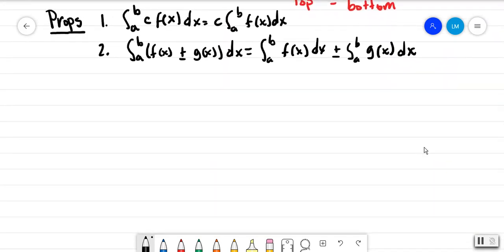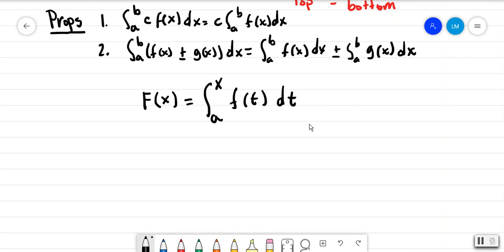Now, note that the fundamental theorem basically says that big F of x is equal to the integral from a to x of f of t dt.